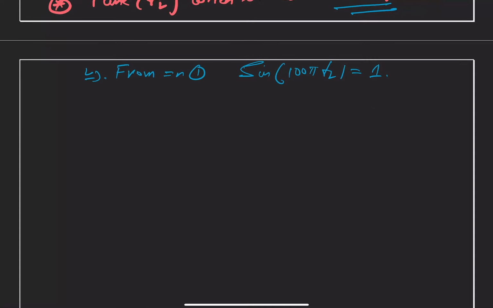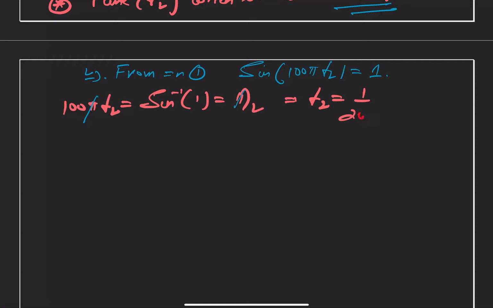This gives 100 pi t2 equal to sine inverse of 1, which is pi by 2, and the pi cancel with each other. This gives t2 equal to 1 upon 200 seconds. So we found the time at which the current will be half of the maximum value and the time at which the current will be maximum.